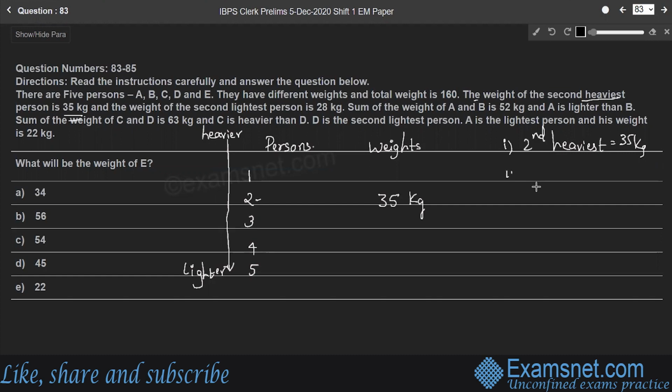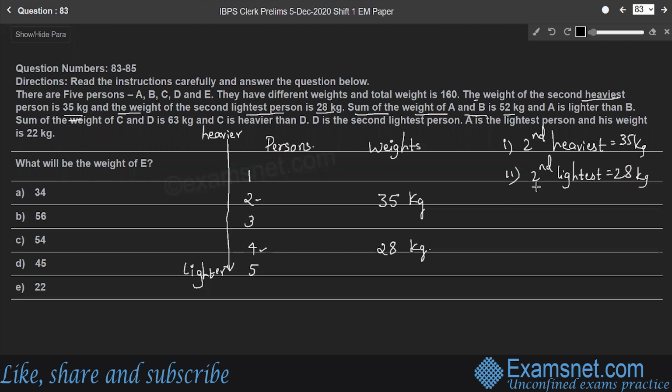Next, the weight of the second lightest person is 28 kg. The second lightest person is the fourth person, whose weight is 28 kg. Then the sum of the weights of A and B is 52 kg.